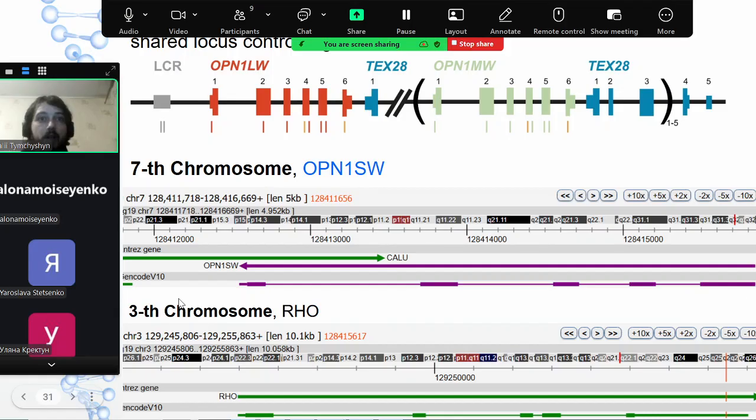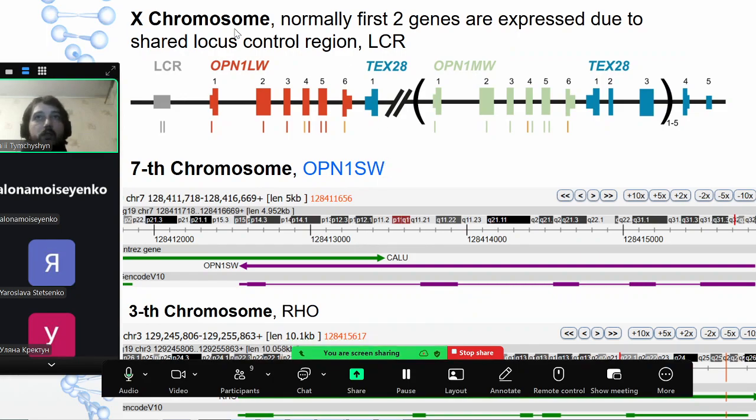Rhodopsin is encoded in the 3rd chromosome. So here it is. Here, once again, you see these details. While the X chromosome contains, pretty interesting thing, the gene OPN1LW, the one gene for red opsin. These genes like TEX28 have nothing to do with vision, and I guess they are not expressed in the retina.